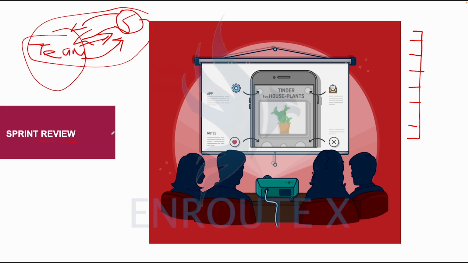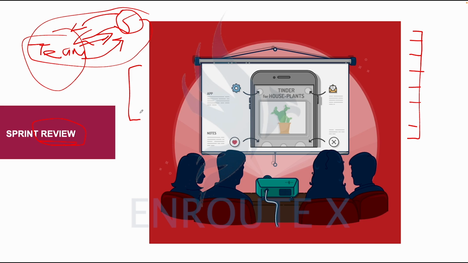But this time, during the sprint review, the entire team is meeting with the stakeholders or representatives of the stakeholders and demonstrating a value that had been developed in the course of the sprint.